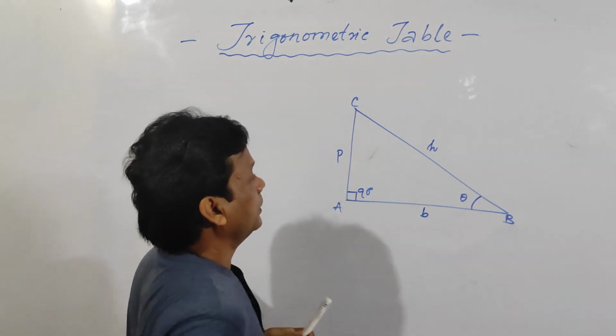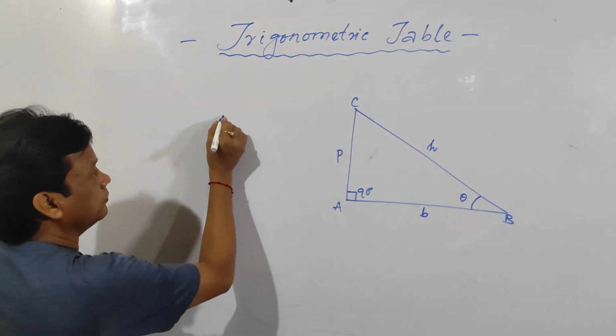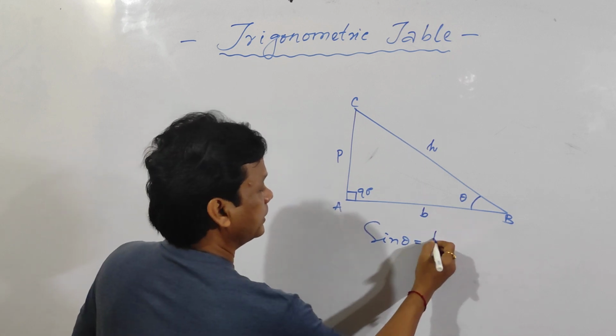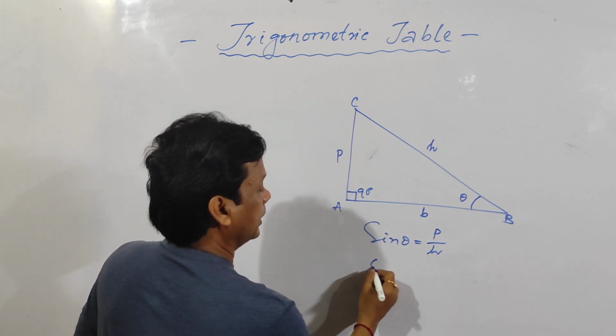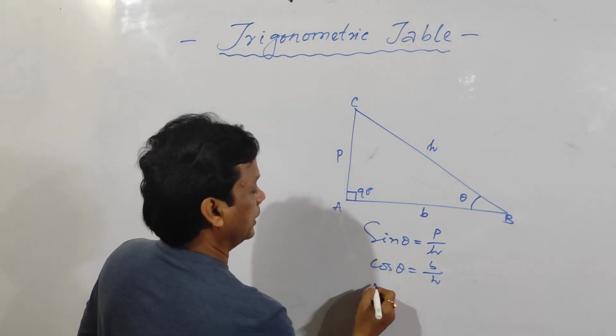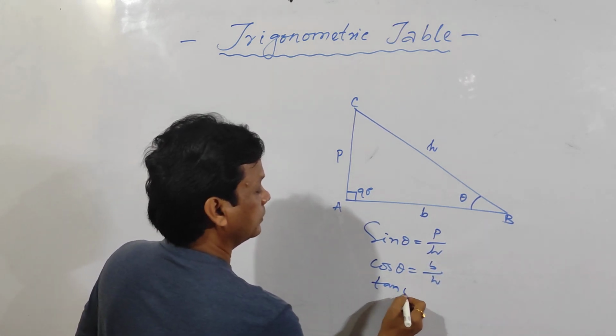See here. Now, what is the formula for sine? Sine theta means P by H, and cos theta means B by H. And what is tan theta?